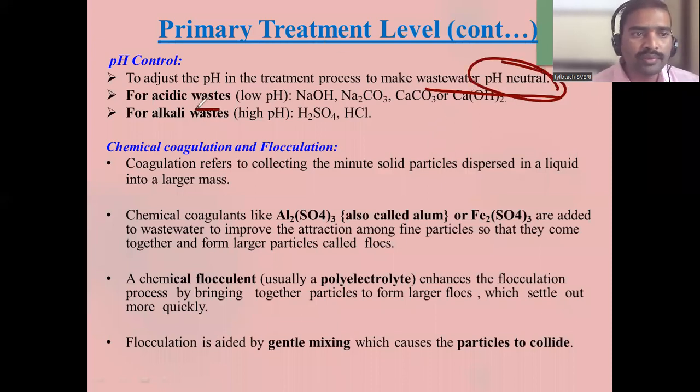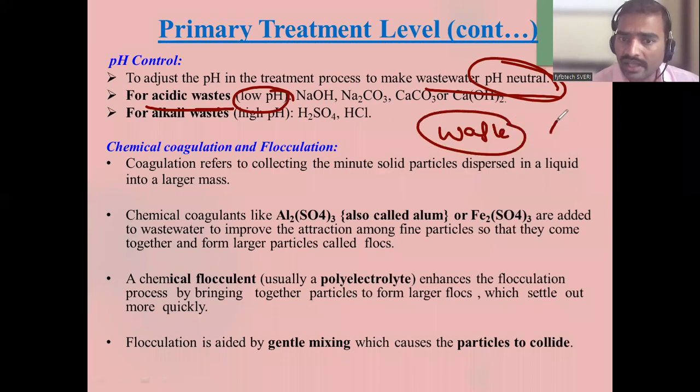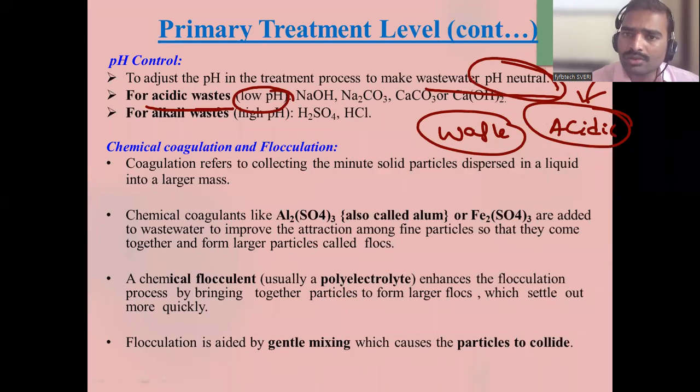For acidic waste, acid means low pH. So what do we have to add? We have to add base. If the wastewater is in acidic condition, then to make it neutral I have to add base, not acid.